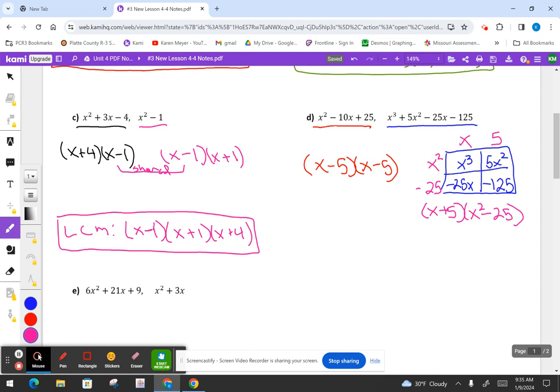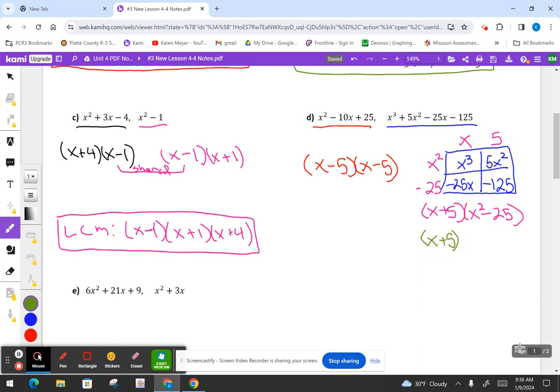Okay, don't stop here because hopefully you've noticed that the second parenthesis says x squared minus 25. That can break down even more. Okay, so what multiplies for negative 25 that adds for 0? So keep your first parentheses.